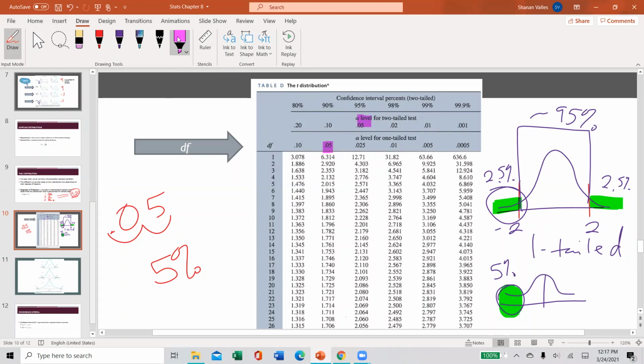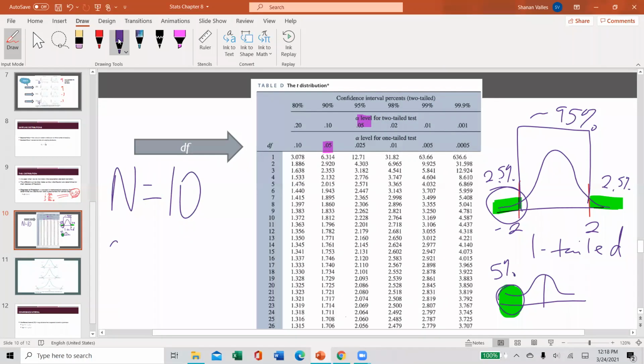Okay. And that's how we will find those values based on whatever our sample size is. So let's say N was 10. Degrees of freedom is equal to 10 minus 1, so it's equal to 9. And let's say I wanted you all to do a two-tailed at 0.05, which is right here.